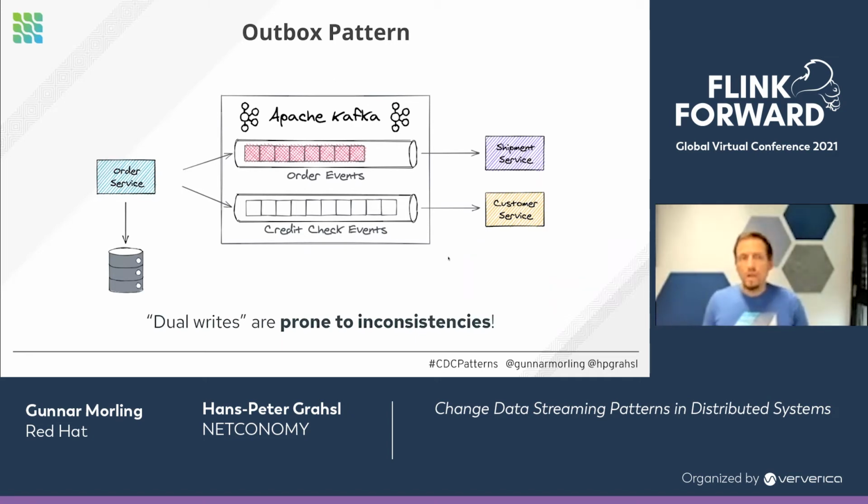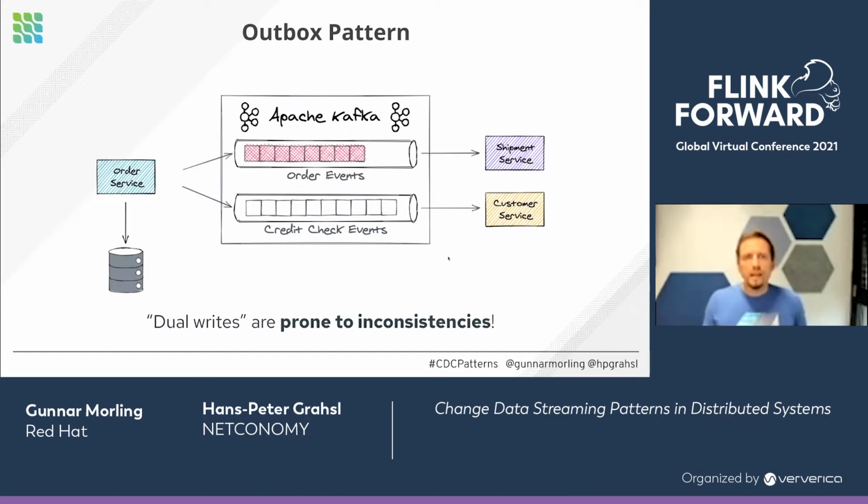Again, we are not talking about a distributed transaction that we could span across these two different kinds of storage systems. So this is, of course, prone to errors, and it's only a matter of time until we see inconsistent data or corrupted state.